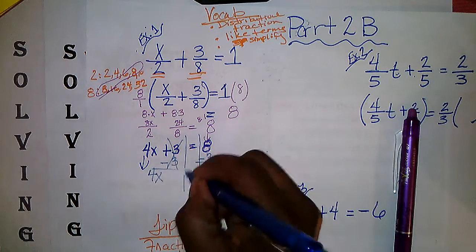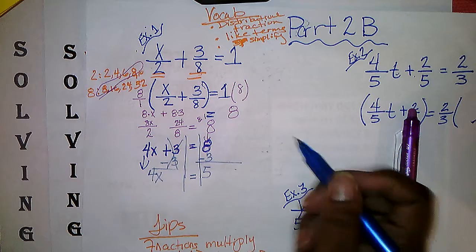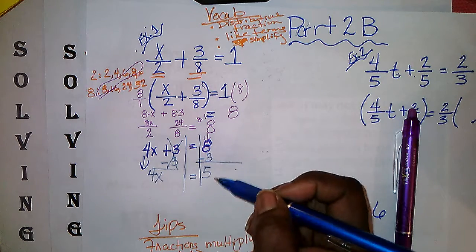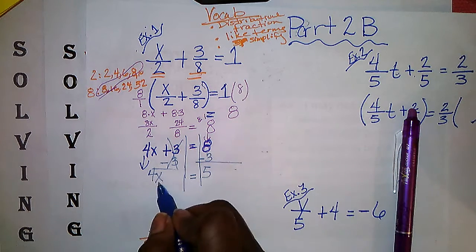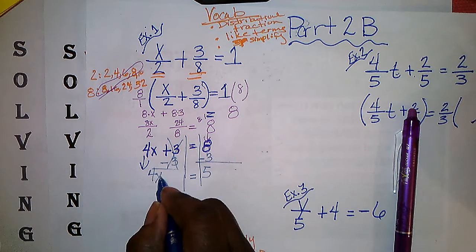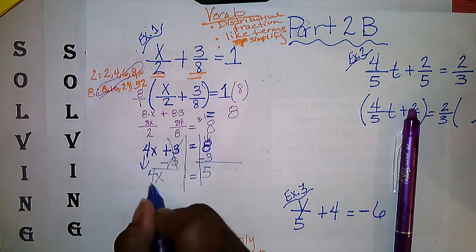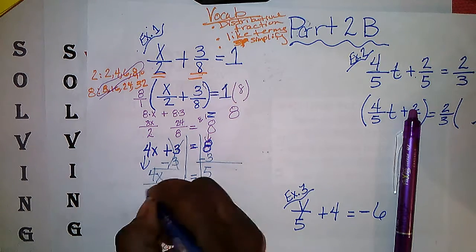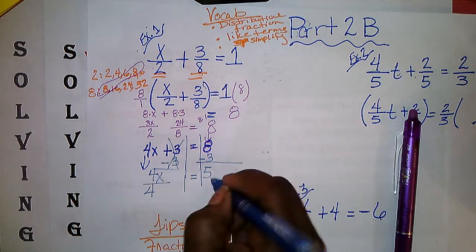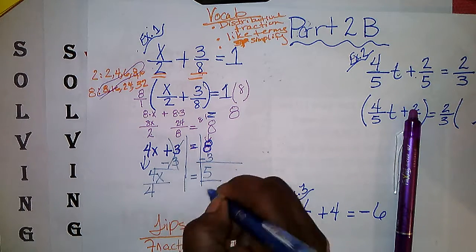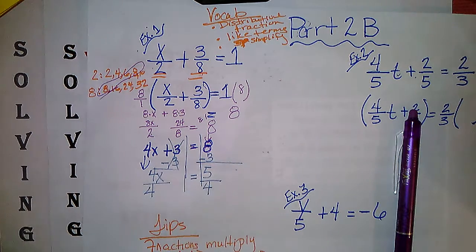Now, that doesn't eliminate it, so we need to divide, because 4 times x is 4x, so the opposite or inverse operation would be to divide. So we're going to divide by 4 here, and divide by 4 here.